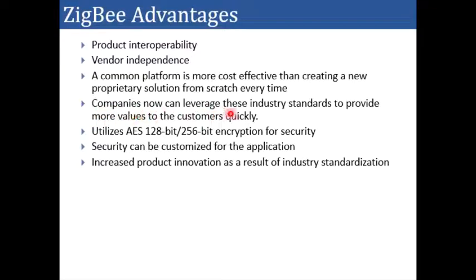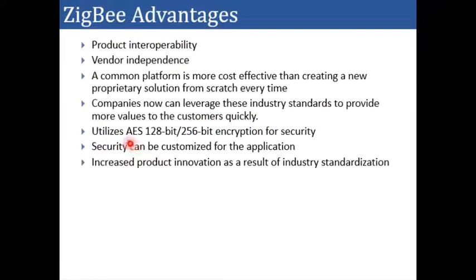Companies can now leverage these industry standards to provide more value to customers quickly, because being a part of the Zigbee Alliance, companies get the Zigbee stack, and on top of that stack, they can build their own application and roll out solutions to their customers quickly.